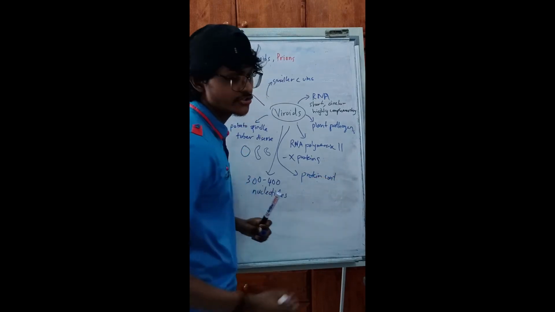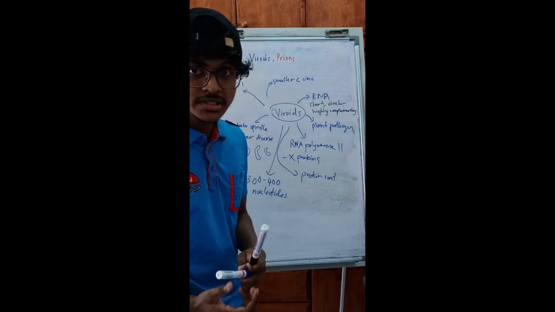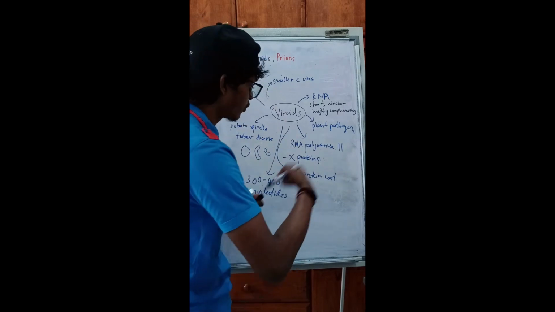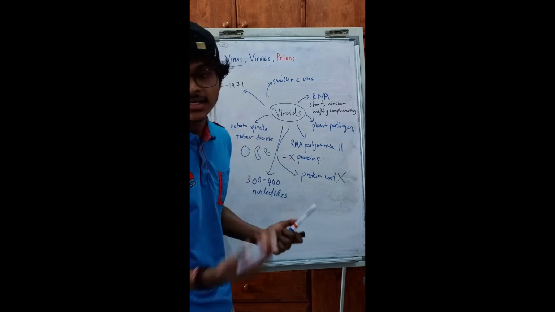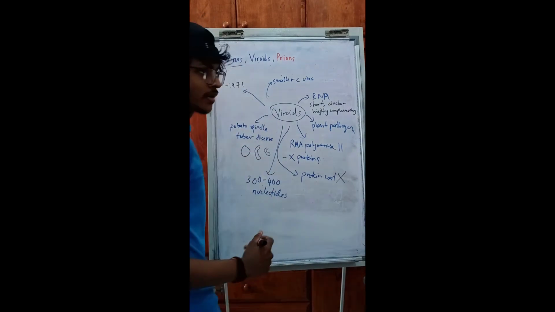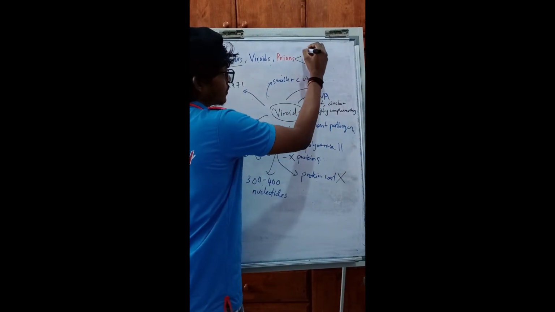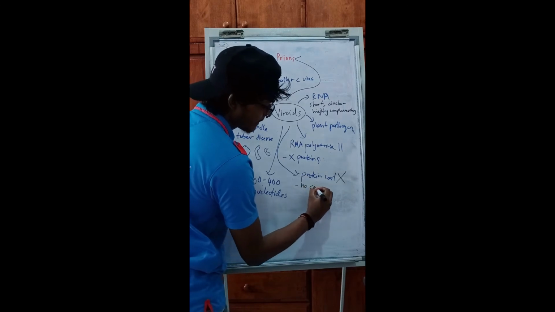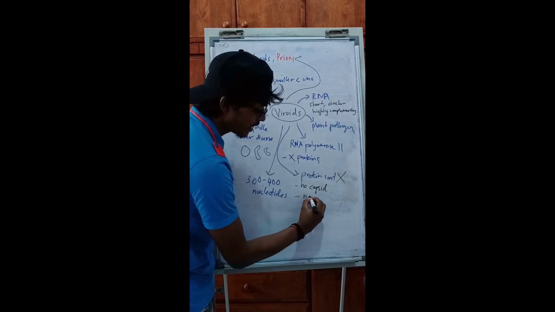Normal viruses do have a capsid, which is made up of capsomeres. That is known as the protein coat. But viroids do not have a protein coat. They are only made up of RNA, with no capsid, and exist only as naked RNA.